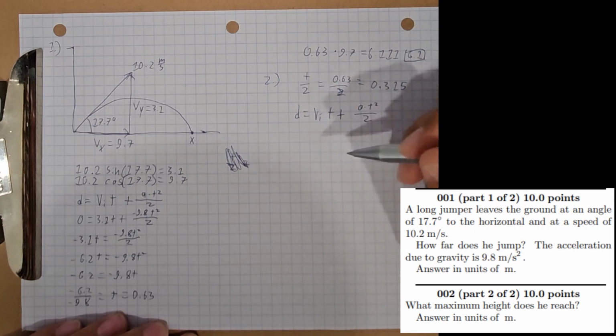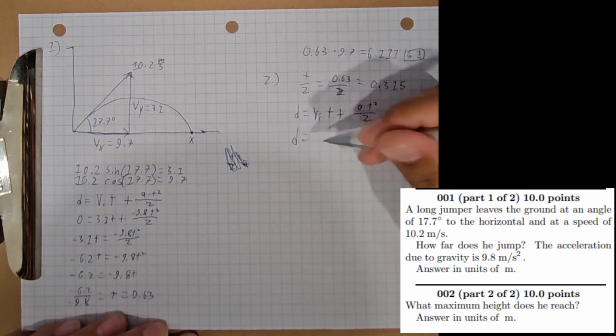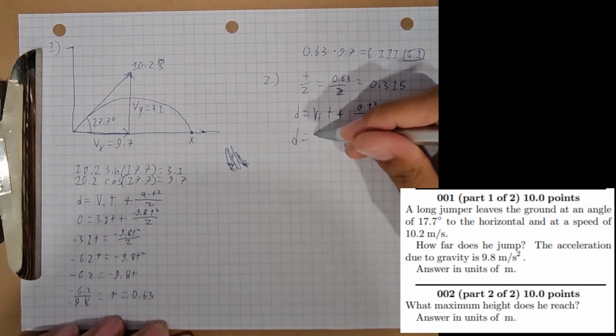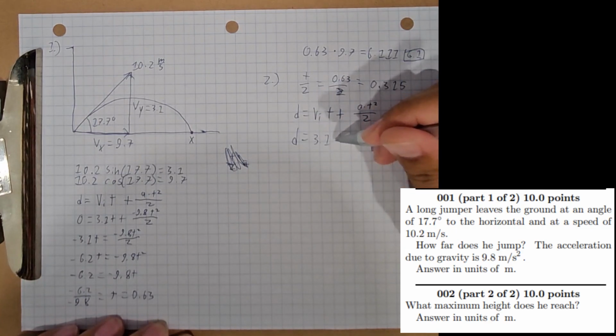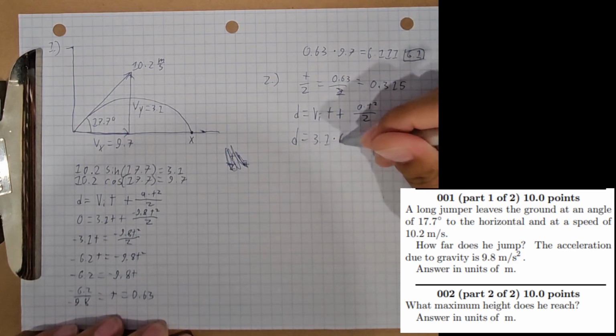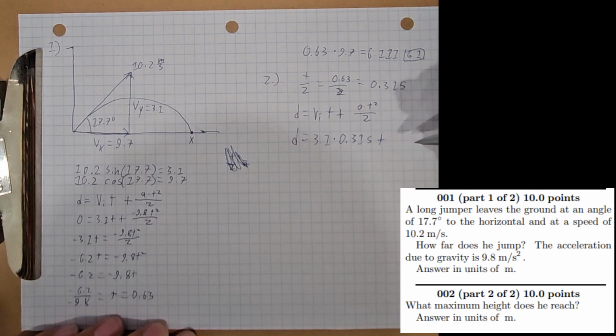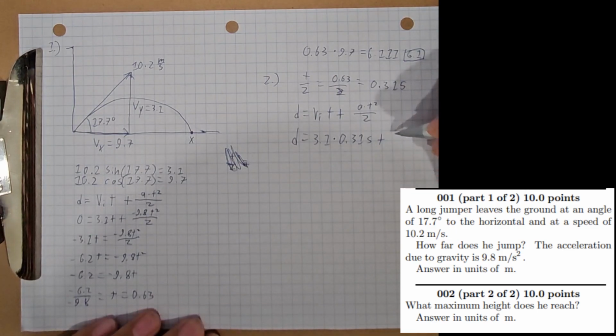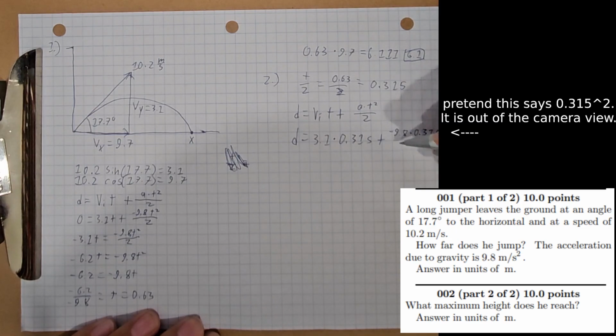So you have d equals v_i, which is 3.1, times 0.315 plus acceleration due to gravity, which is negative 9.8, times 0.315 squared over 2.